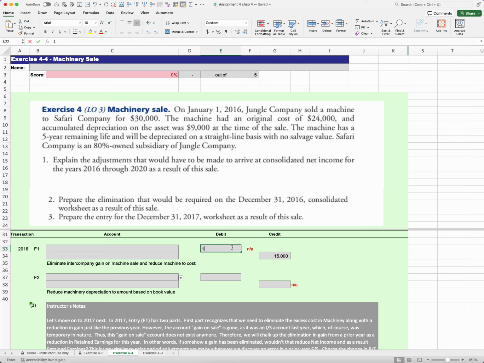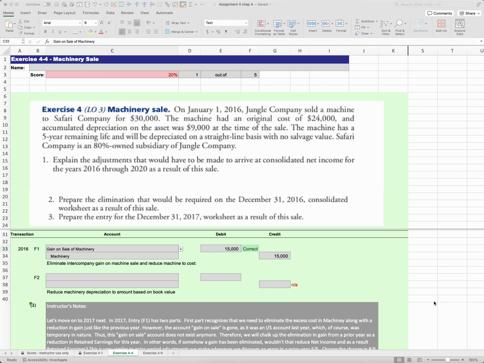And so I'll go ahead and debit and credit $15,000 respectively, which of course reduces my machine's value to its original book value of $15,000, and simultaneously I go ahead and eliminate the gain on the sale of machinery between the affiliated members, because that is not to be recognized on consolidated statements. And so typically if you want to disallow a gain, which is typically a credit, you need to issue a debit to this.